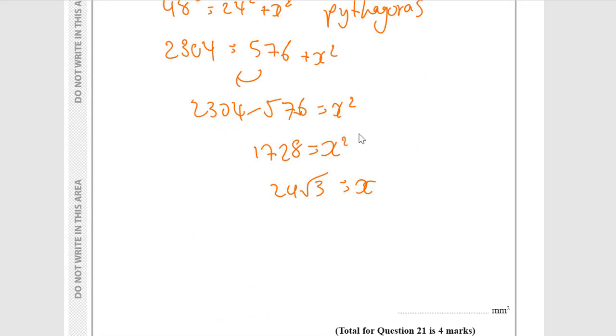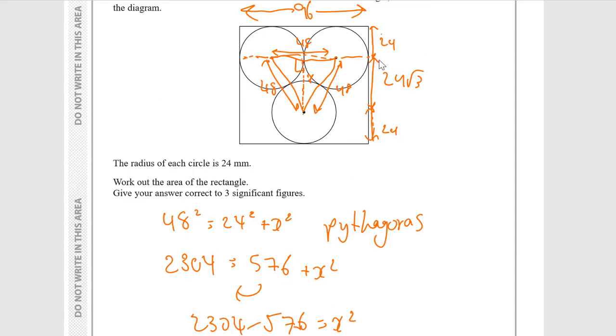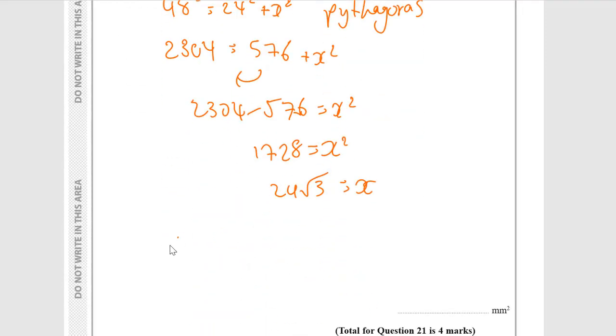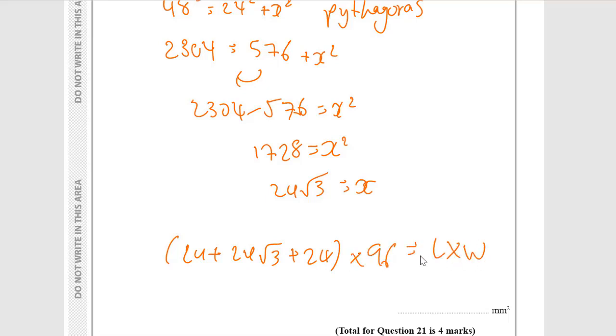So therefore we can just add this length here and multiply it by this. So we get 24 plus 24 square root 3 plus 24, times by 96. It's going to be length times width.